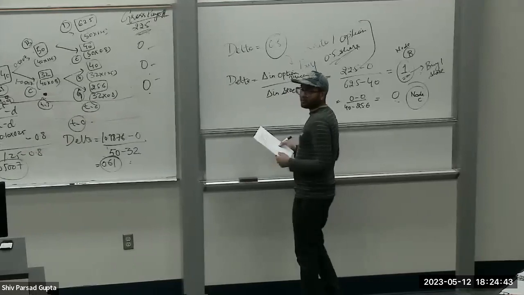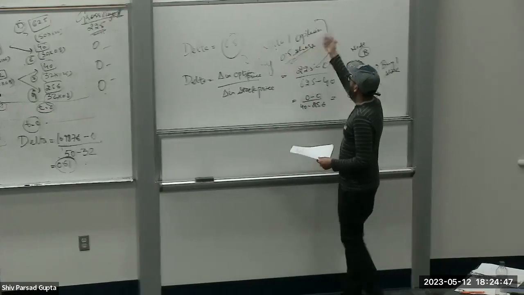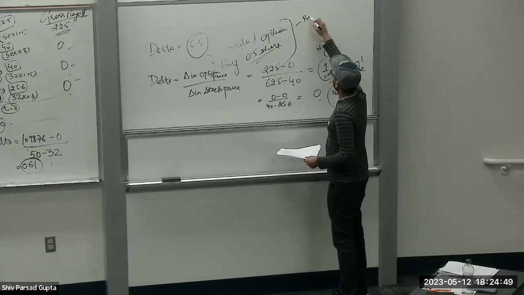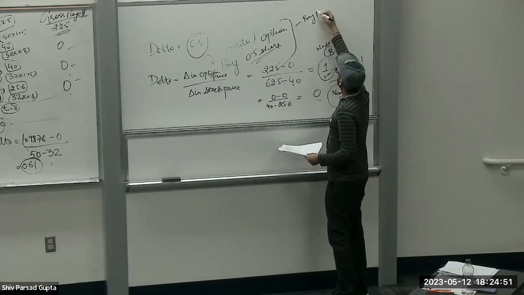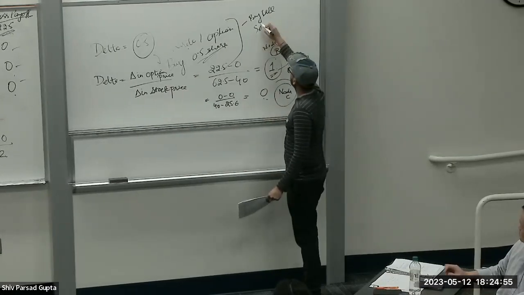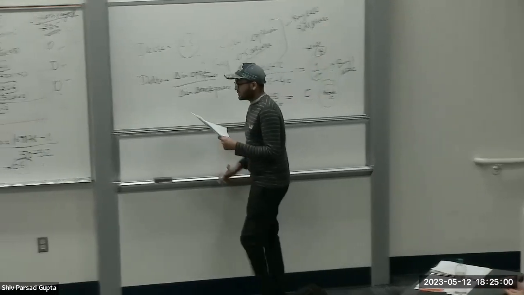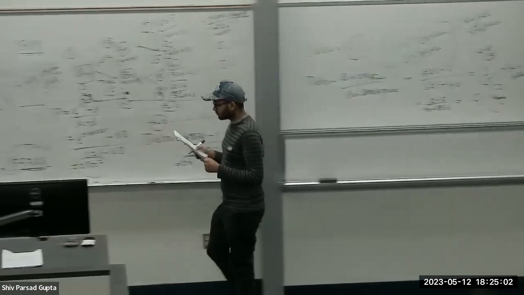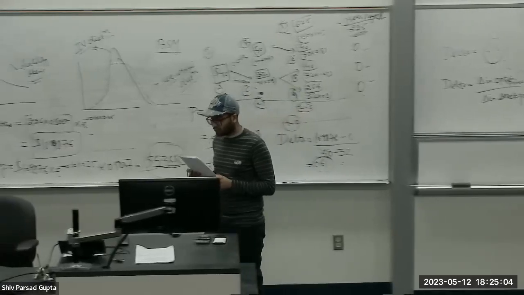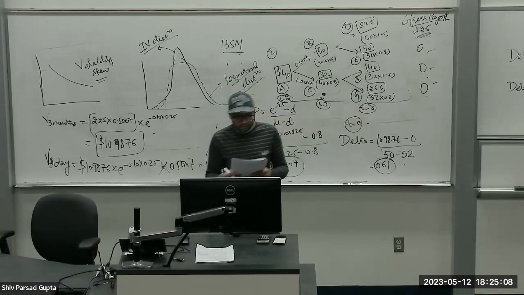We will be buying the European call, and if we are buying the call, it will be the opposite: we'll sell the share. What they're asking is how you can specify your arbitrage portfolio, what you should do to make a risk-free arbitrage profit.